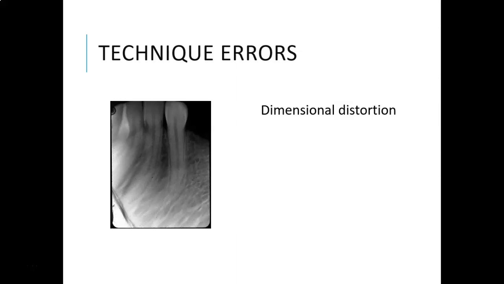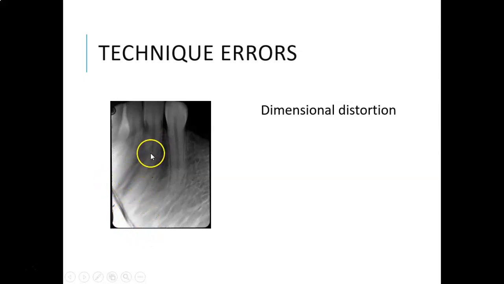Dimensional distortion. I can tell over here that this film is bent, and there's extra light there, as if it never got developed, or it only got fixed. I don't think that's a cone cut, because you don't usually see a cone cut so perfectly lined up with this crease, which looks to me like the film got bent.